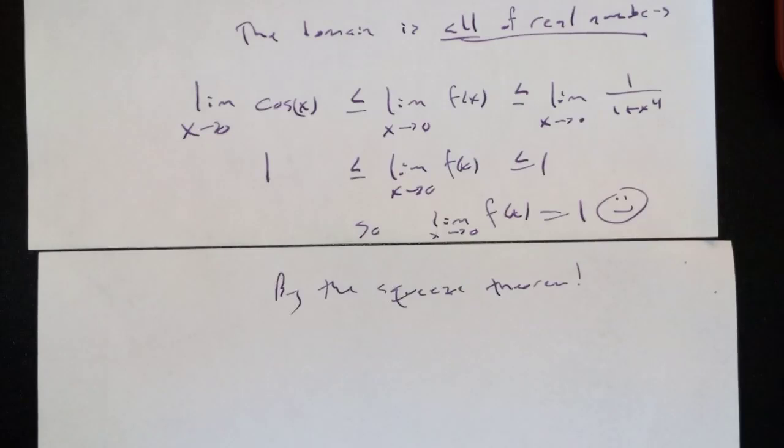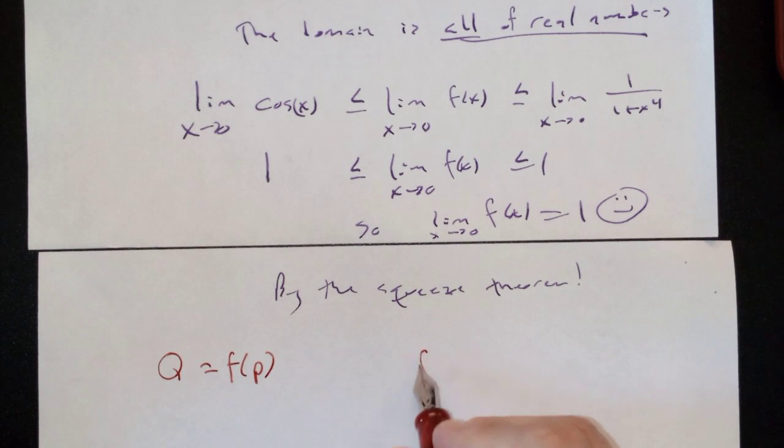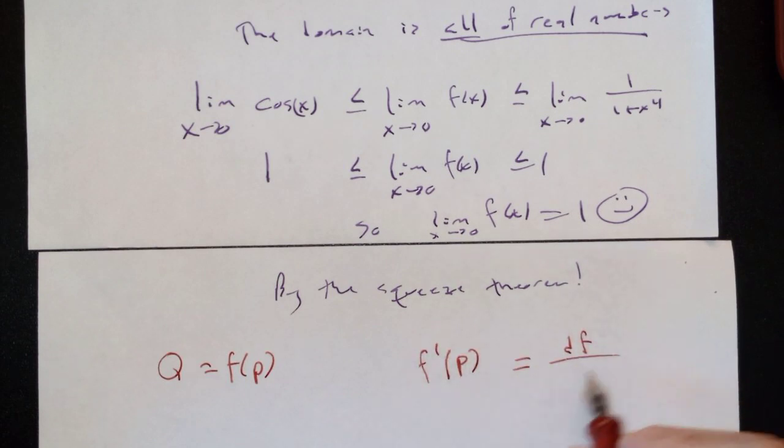The equation says Q is a function of P. So f prime of P is the change in F with respect to P. What does F measure? Quantity. So this is change in quantity with respect to price.